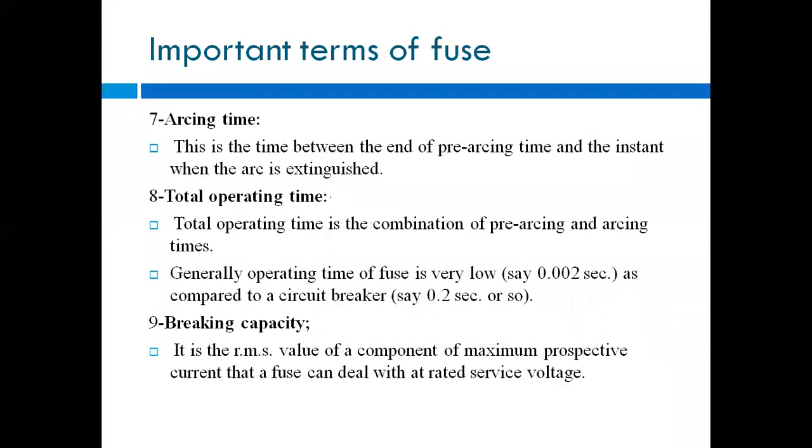Now the next definition is arcing time. We have seen from that diagram, arcing time means after that point A. It is the time between the end of pre-arcing time and the instant when the arc is extinguished.